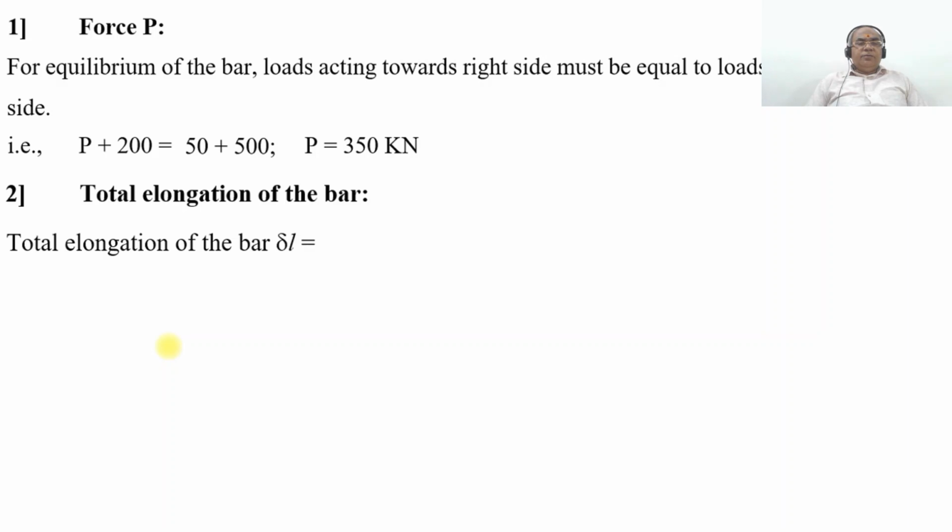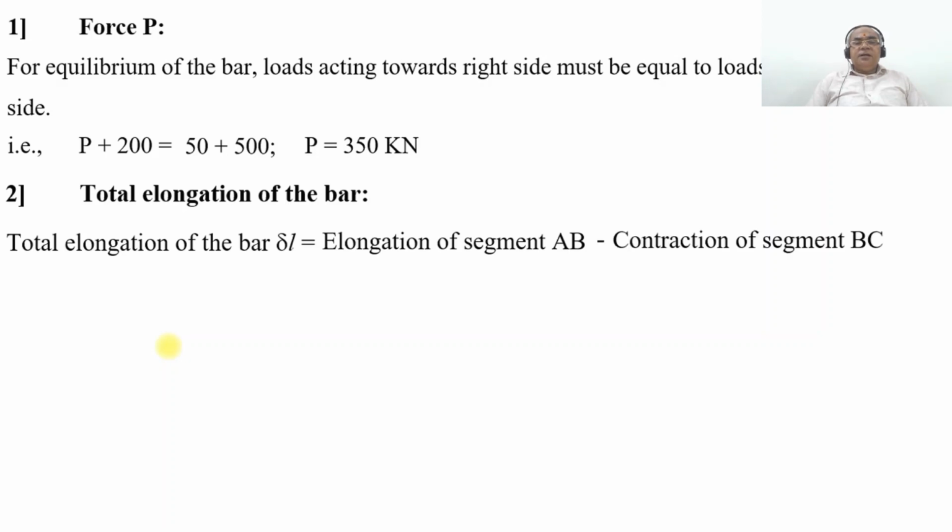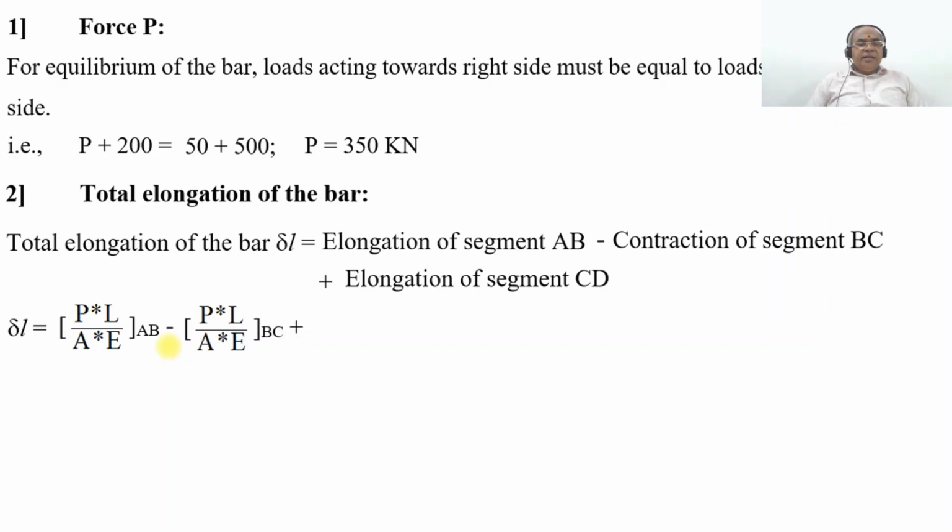The total elongation, delta L, equals the elongation of segment AB, minus the contraction of segment BC, plus the elongation of segment CD. So delta L equals P L by A E of AB minus P L by A E of BC plus P L by A E of CD.